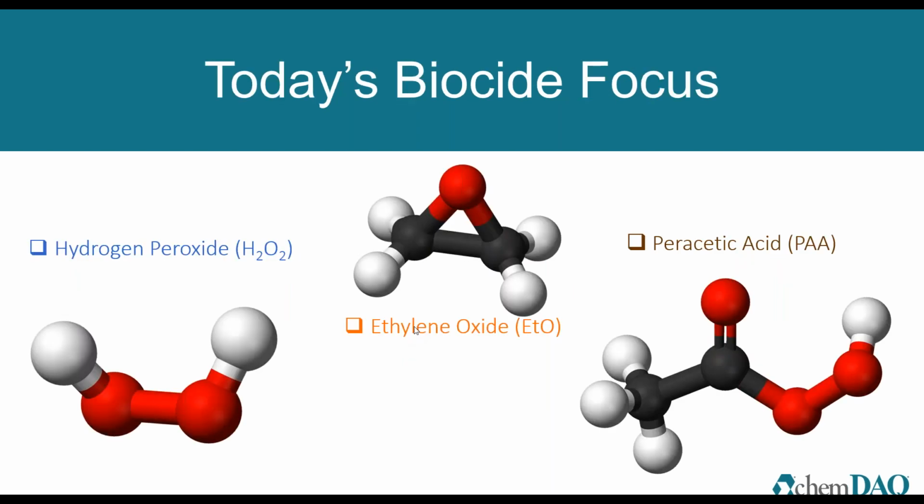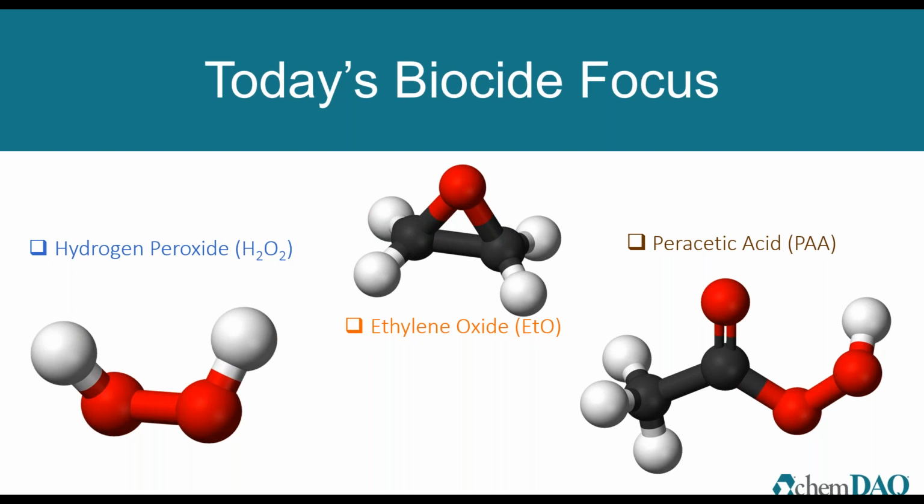There are a lot of biocides out there. The three that ChemDAQ focuses on, and that we find to be very important to monitor in many industries, are hydrogen peroxide, ethylene oxide, and peracetic acid.